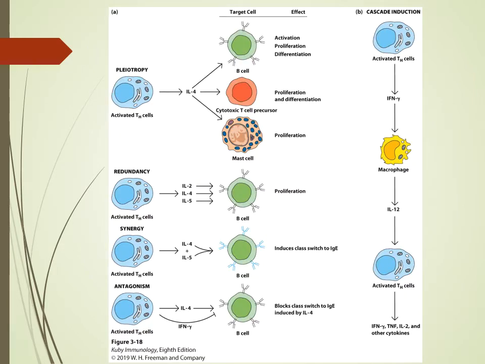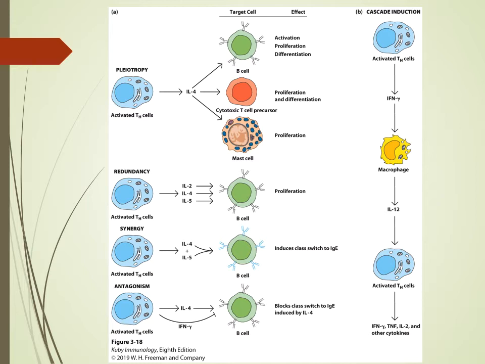So here we can see all these different terminologies in this figure. On panel A, we're focusing on our T helper cell. Just keep in mind that T helper cells are not the only ones producing cytokines and having effects of cytokines, so we could substitute this for a lot of other examples. It's just that the author of the textbook has selected T helper cells. So for pleiotropic, this is where our T helper cell is going to produce IL-4.